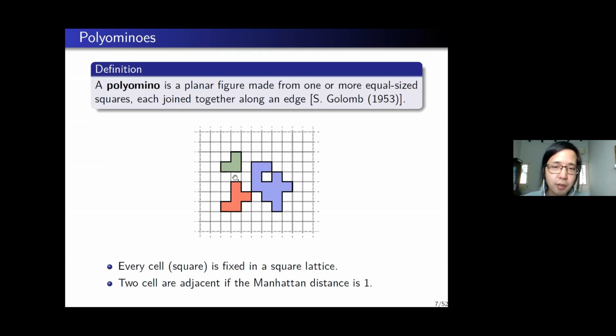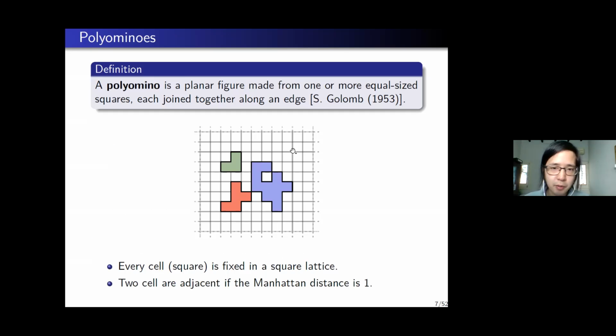So here we have three polyominoes, one of which is the L-tromino. The green one we call the L-tromino.